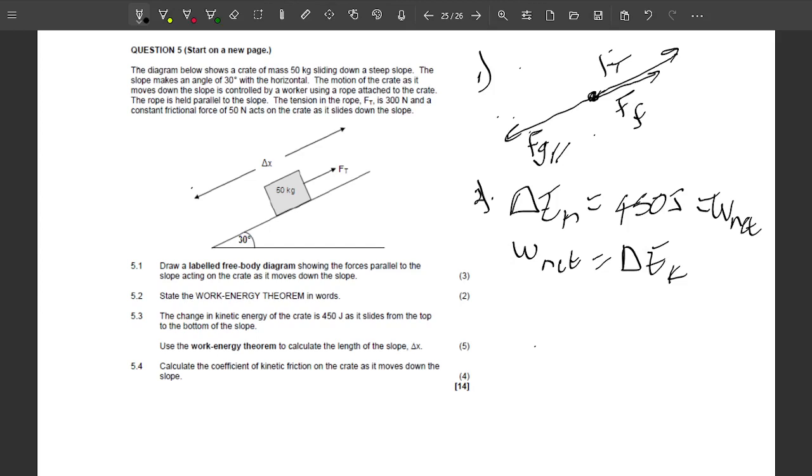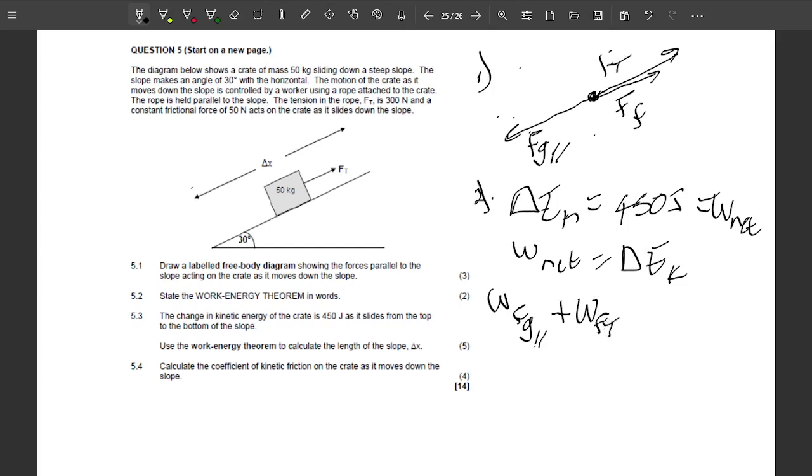Okay. So when I'm expanding my W net, I'm going to say this. When it comes to my W net, we have W of FG parallel doing some work on the object, plus, because remember net means I'm summing up all those works, W of FT, isn't it, for the tension.